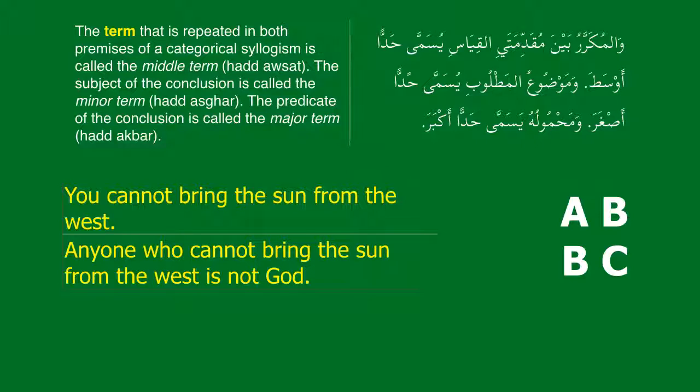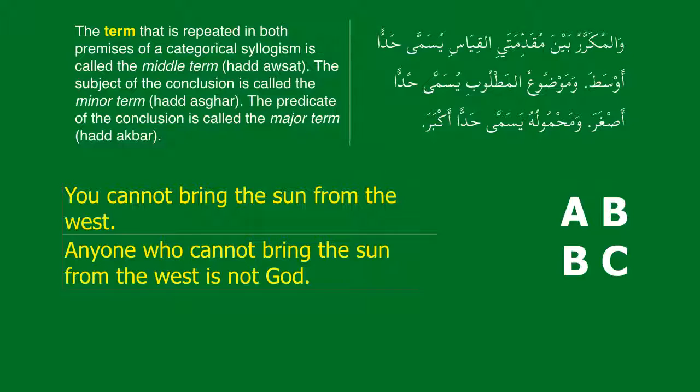When you put a proposition into an argument, that proposition is called a premise of the argument, because the argument depends on that proposition. So premise is a proposition within an argument. So these two propositions are called the premises of this categorical syllogism, this categorical argument.